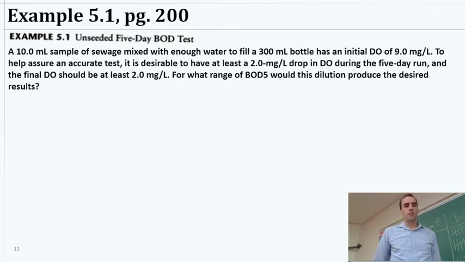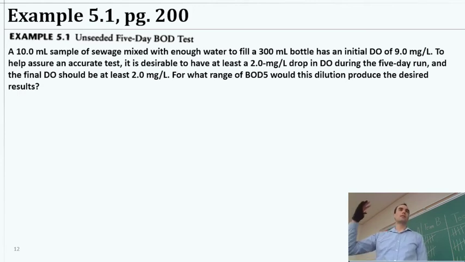A 10 milliliter sample of sewage mixed with enough water to fill a 300 milliliter bottle has an initial dissolved oxygen of 9.0 milligrams per liter. To help assure an accurate test, it is desirable to have at least 2 milligrams per liter of a drop in DO.